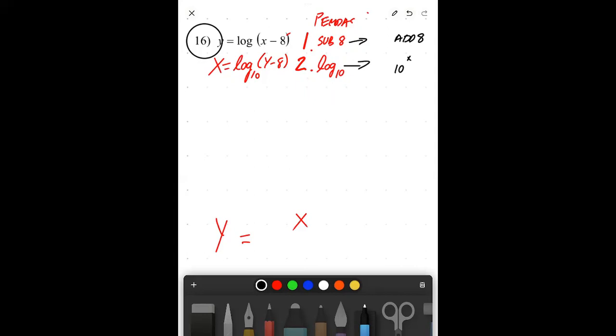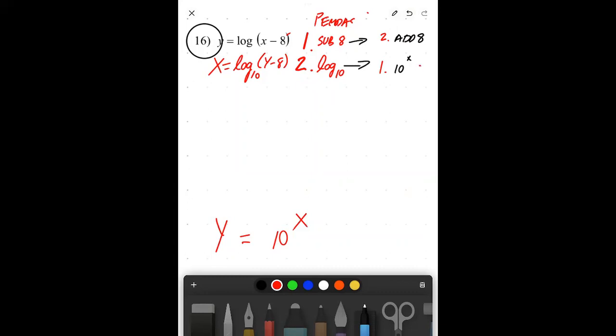All right, and now we're going to reverse the order. This we're going to do first, this operation we will do second, and then we will be done. So we're going to take the x and put it as an exponent with a base of 10. That's the inverse of log with a base of 10. All right, so that's done.